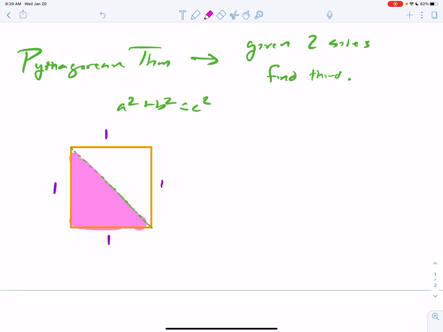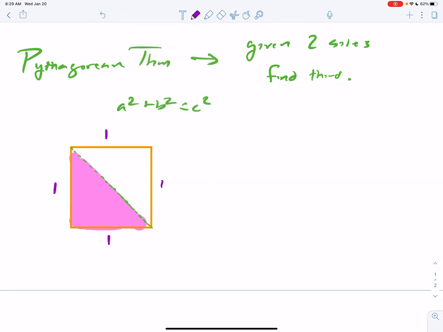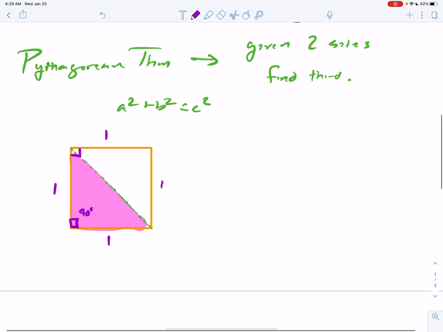Some things that you need to know: for a square, not only are the 4 sides congruent or equal, but also the 4 angles are. So right here, that's a right angle, meaning the measure is 90 degrees. Actually, all angles are 90 degrees.